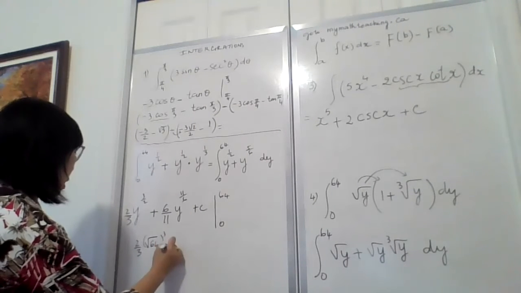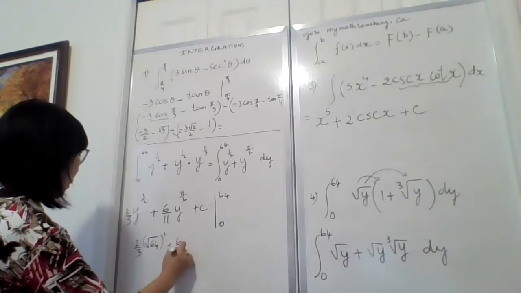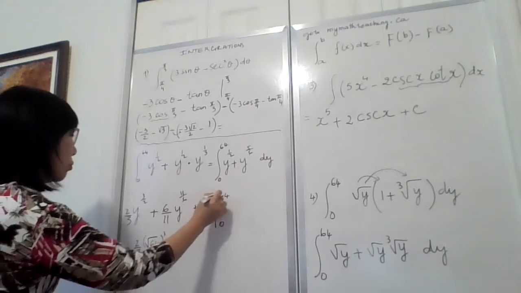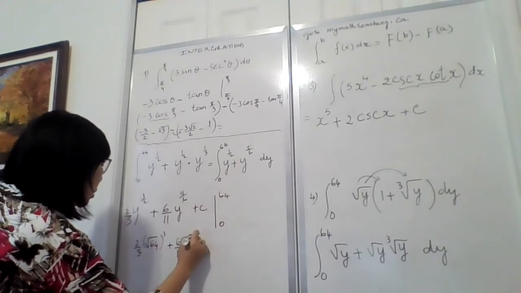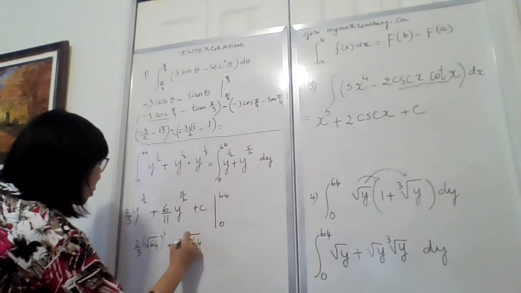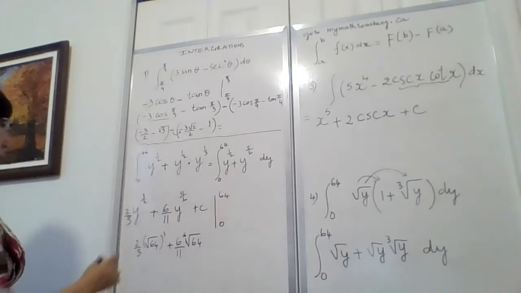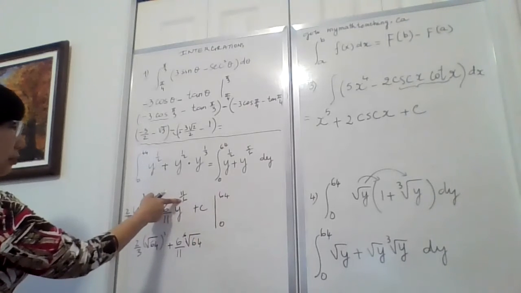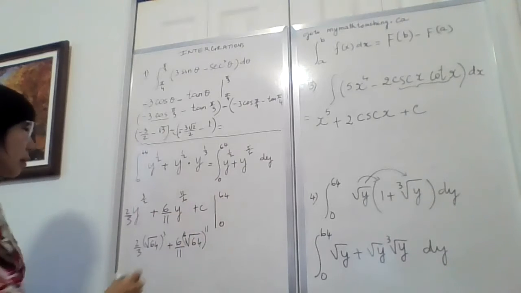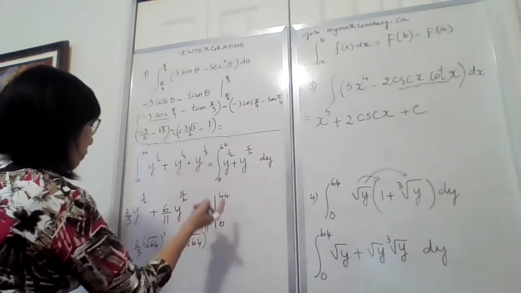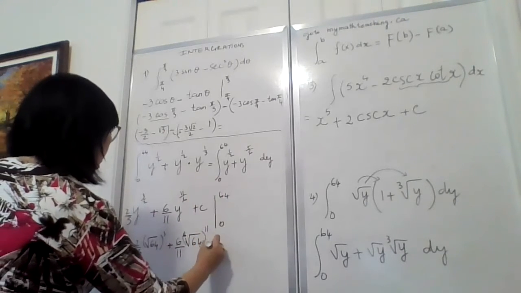Okay, so now adding with 6/11, and the y we substitute by 64, and again we're going to turn this into root of 6 because our root is 6, right? And we're going to power 11. Now the c, we don't have any values, so don't worry about that.